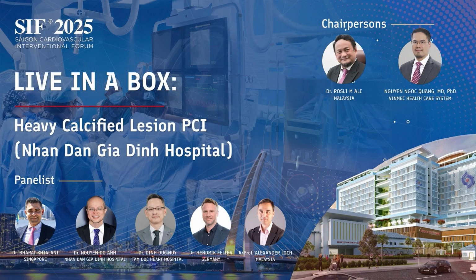And all the DCB enthusiasts probably would leave it alone, and they probably would have even placed a DCB in the left main just to optimize that further. In any case, I would make sure that patients are on very strong dual antiplatelet therapy, ticagrelor, aspirin, and I probably would give maybe a couple of days of anticoagulant as well, just to prevent acute thrombosis.